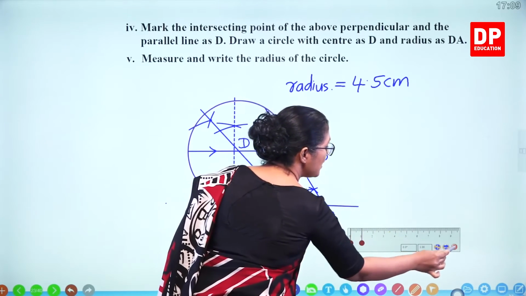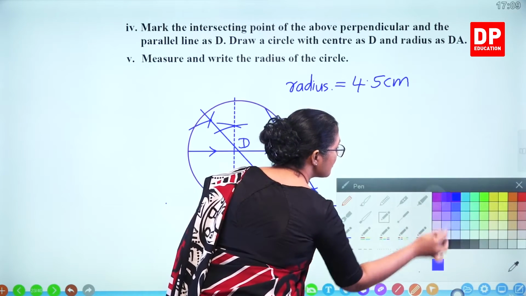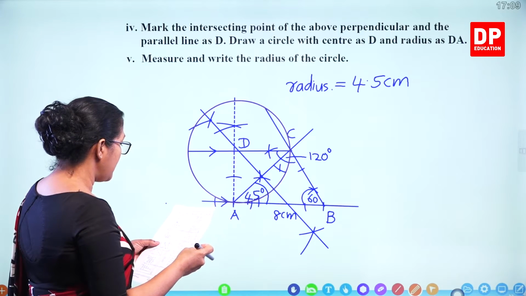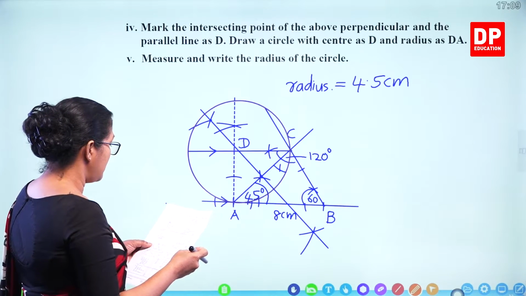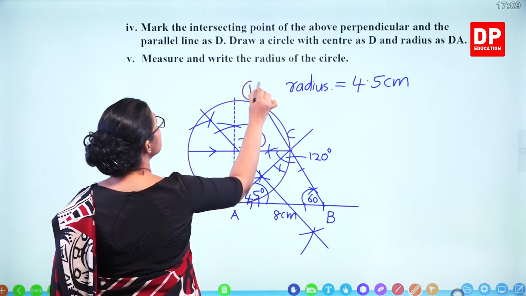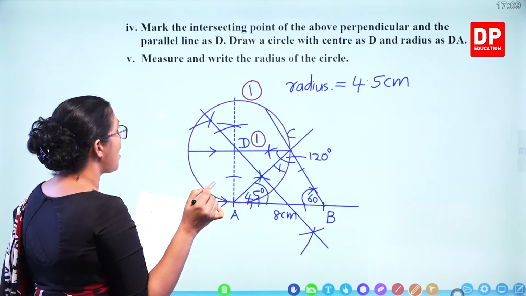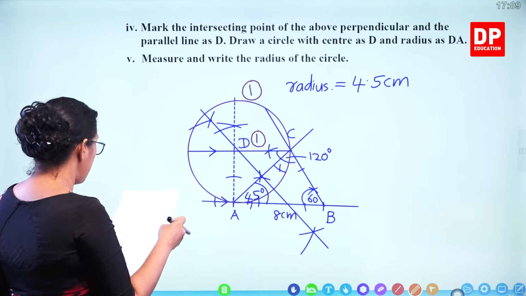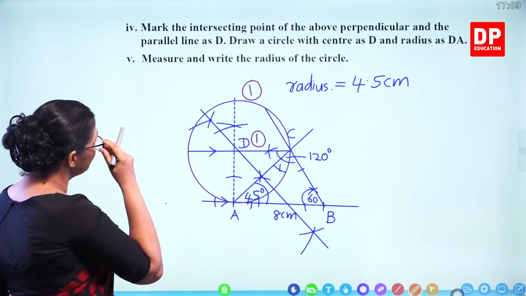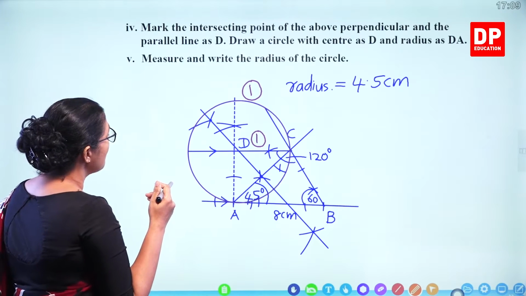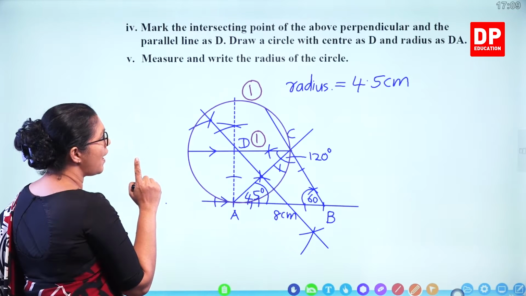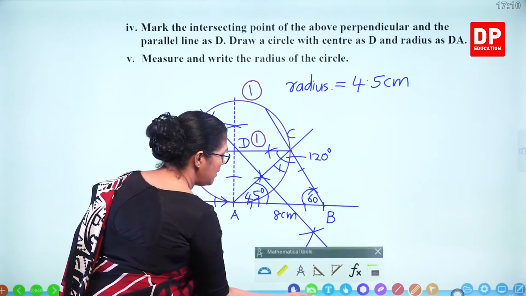Now we'll see how many marks. Marking D and drawing this one, 1 mark, 1 mark for the circle and 1 mark for the radius. DA is the radius. So what's the value? We got 4.5. We'll check it again.